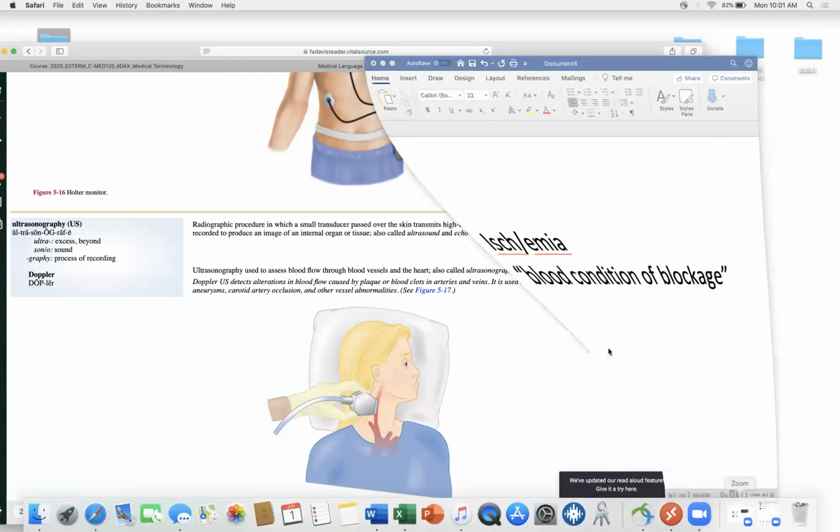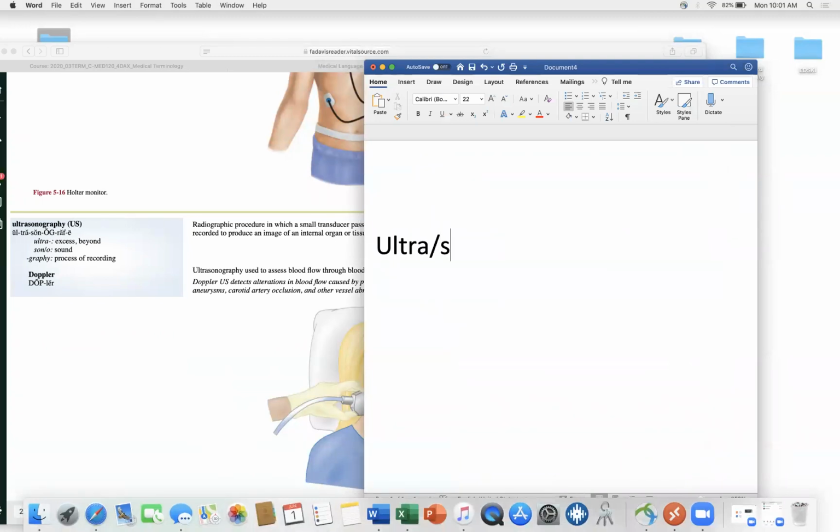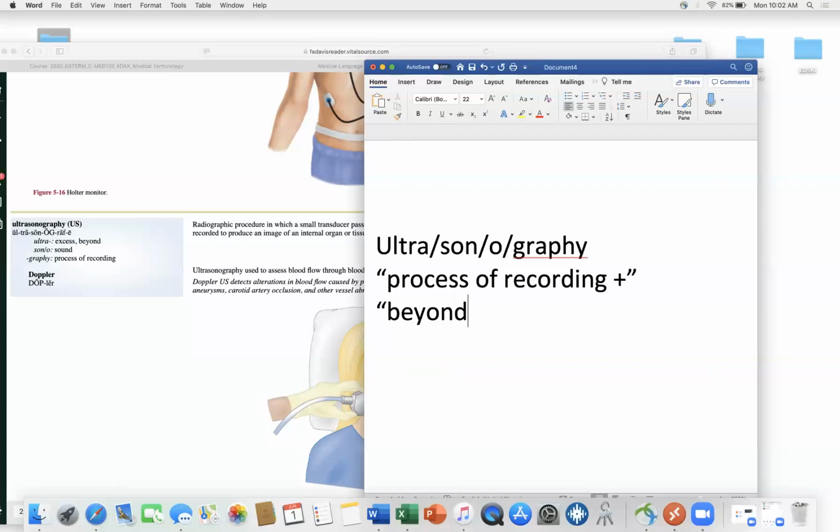Ultra, sono. So let's look at it from the back to the front. Graphy means process of recording. I'm just going to put a plus because it doesn't fit. Ultra means above or beyond. Sono means sound. So it's the process of recording beyond sound.